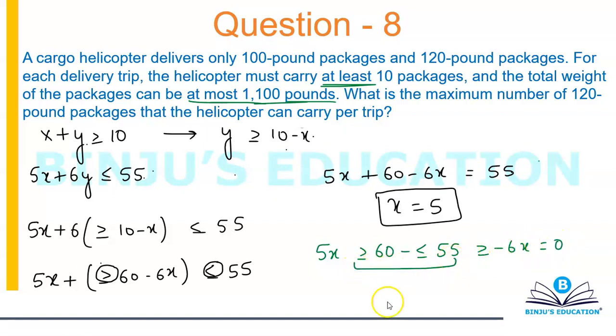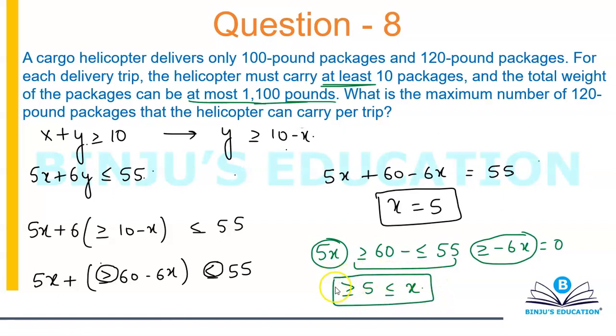So if you solve this, you're going to get that it is greater than or equal to 5, and taking this and this on the other side, you're going to get that this is less than or equal to x. So this will become a bit cumbersome for you to solve. The minimum value that you're going to get is x is equal to 5. Apart from that, this inequality also tells us that the value of x can be 5 or greater than 5, like 6, 7, 8, 9, and so on. Those all values are possible, which we have already seen.